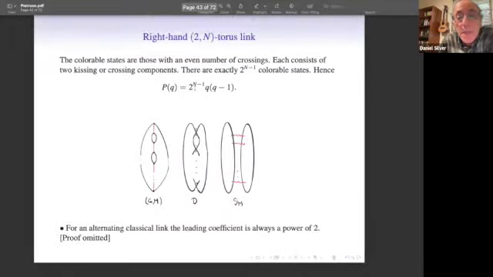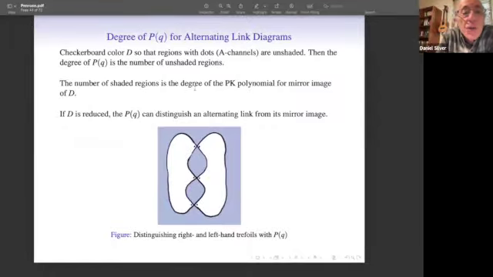For an alternating classical link, by the way, it turns out that this leading coefficient that you're seeing is always a power of 2. That's not terribly hard to see, but I'm not going to go into the details. If you checkerboard color the regions so that the regions with dots are unshaded and the regions without dots are shaded, then the degree of P is the number of unshaded regions, because it's the number of circles that you get in the totally smooth case.